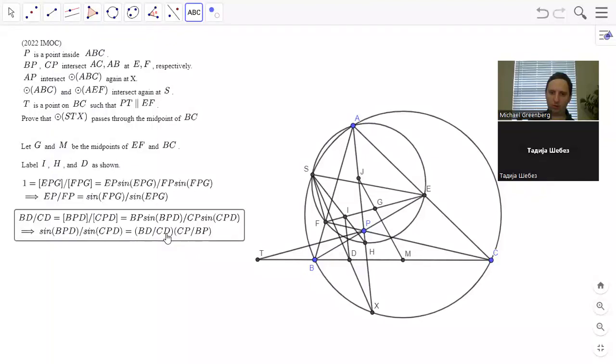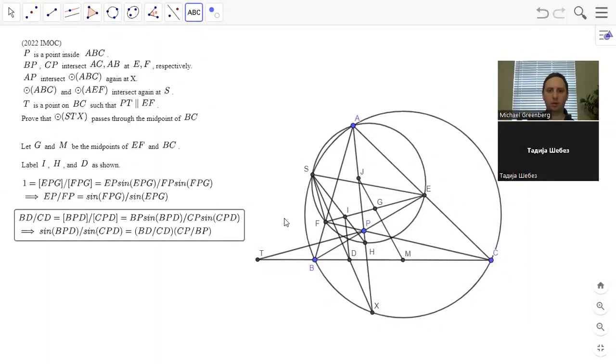We use the same thing for BCS. So BD over DC is FI over IE. I don't know if that helps. Yeah, we don't really care about point I in this solution.